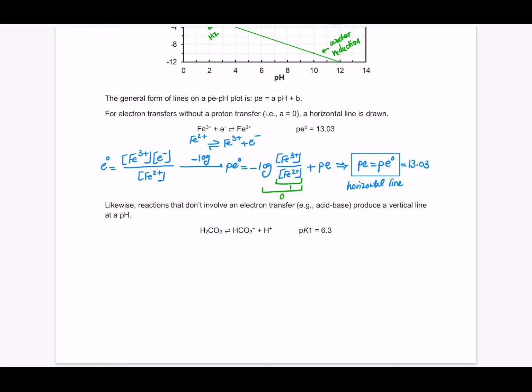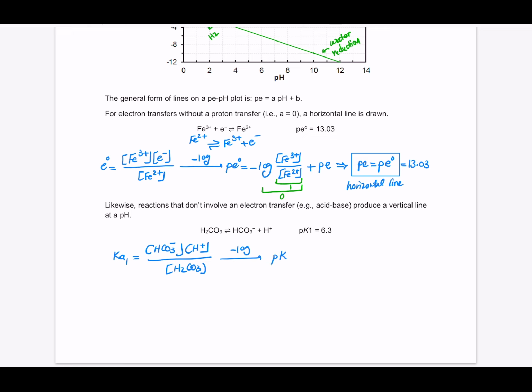And if we actually derive that, this would be Ka1 with HCO3 minus, H plus, and carbonic acid, minus log.